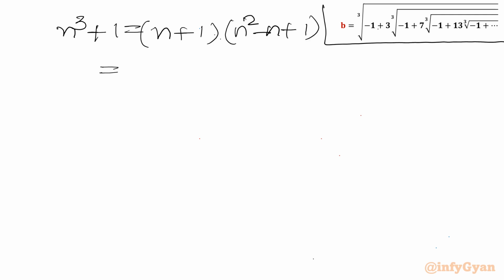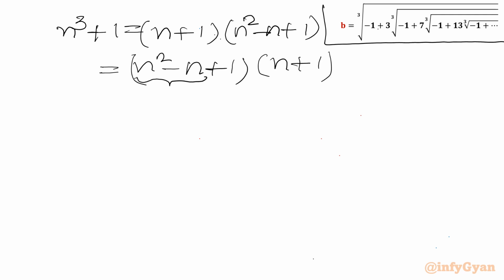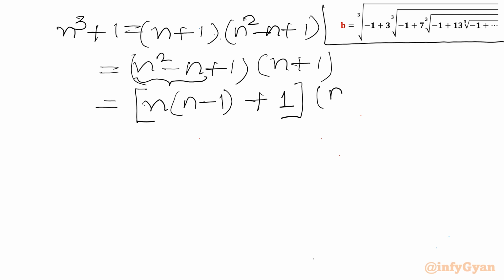Now I can write here n square minus n plus 1 times n plus 1. Let us take n common from these two, so I can write n common in the bracket, n minus 1, and then we have plus 1, overall product with n plus 1, which is equal to n cube plus 1.